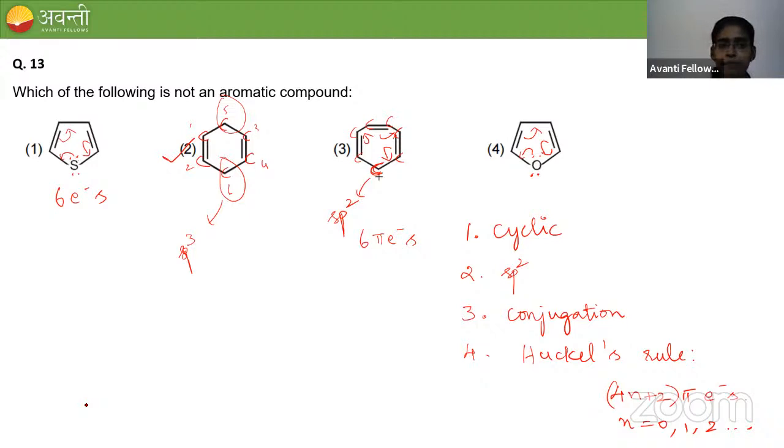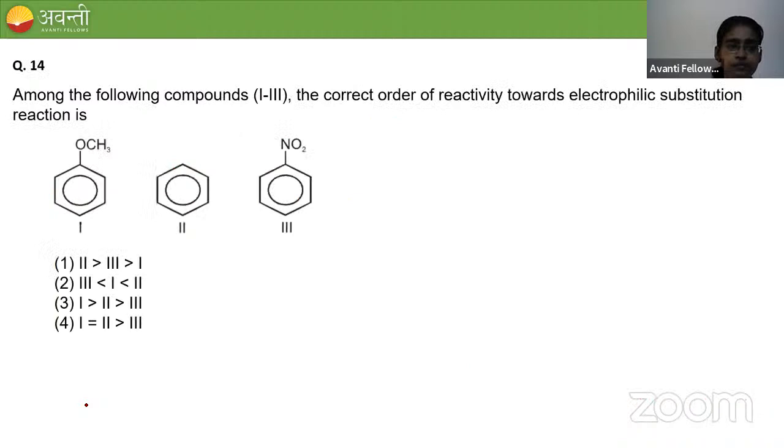Good. Now we'll go for question number 14. Among the following compounds, the correct order of reactivity towards electrophilic substitution reaction is. So 3 compounds are given. And we have to find out which is more reactive for electrophilic substitution. Who are these electrophiles?